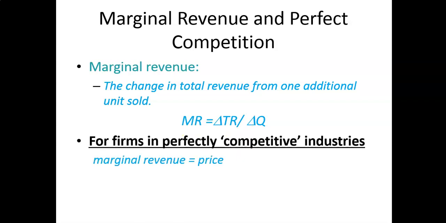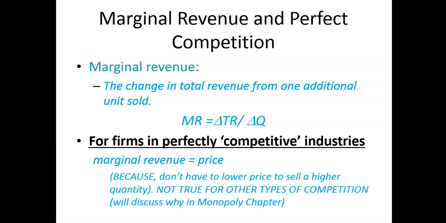Now, this concept of marginal revenue is relatively straightforward for a company in perfect competition. Marginal revenue is simply the price that they're selling the product for, because they can sell as much as they want at the market price, whatever that is.